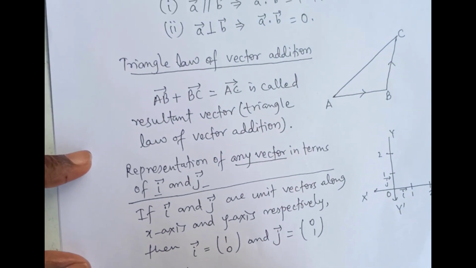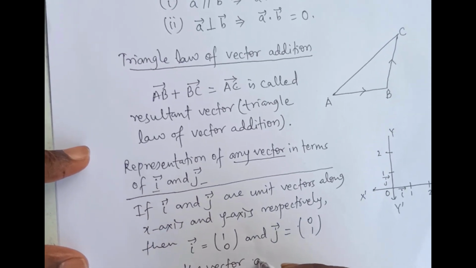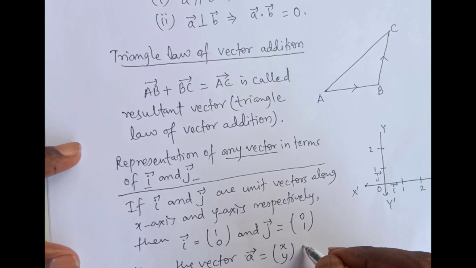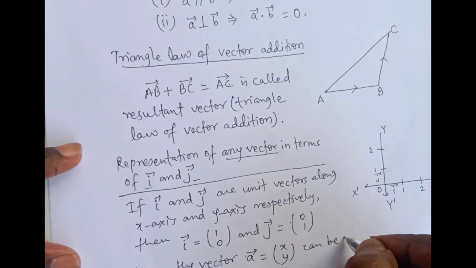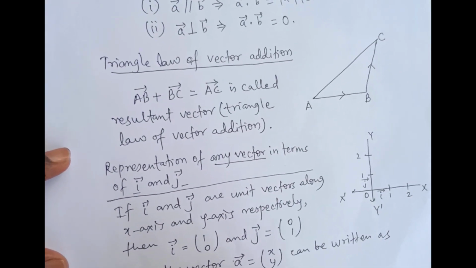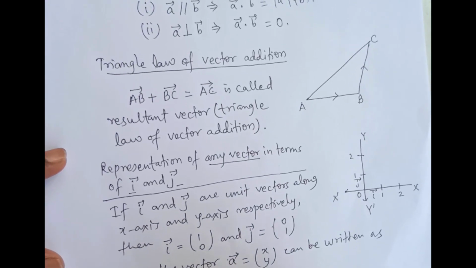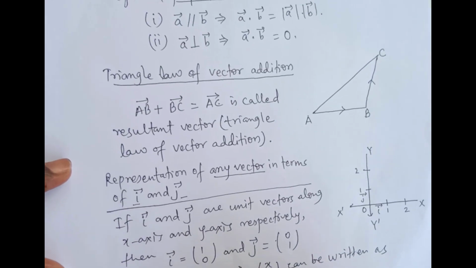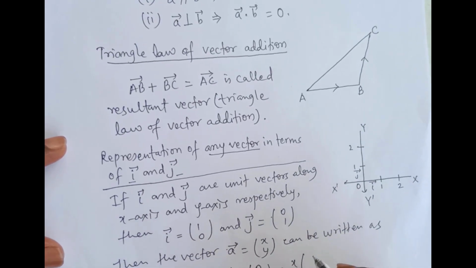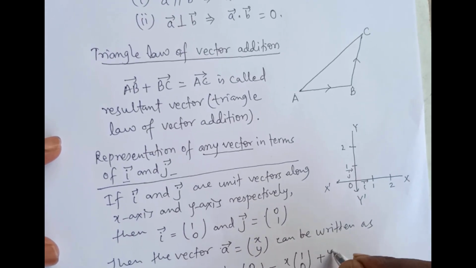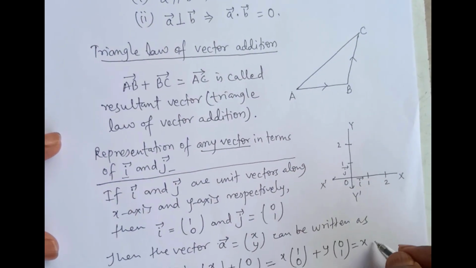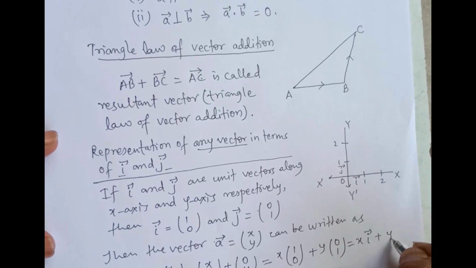Then a vector, say, with x component and y component, say x and y, can be written as a vector is equal to (x, y), which is (x, 0) plus (0, y). Now let us take x out, then here remains (1, 0), and here y times (0, 1), and x times (1, 0) is represented by i vector, plus y j vector.